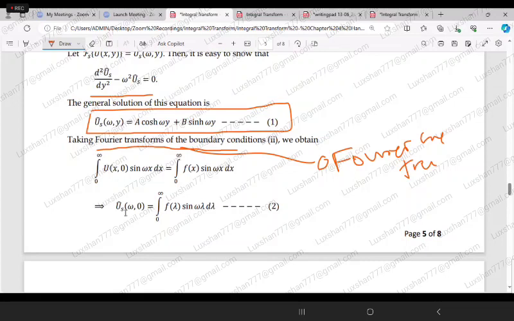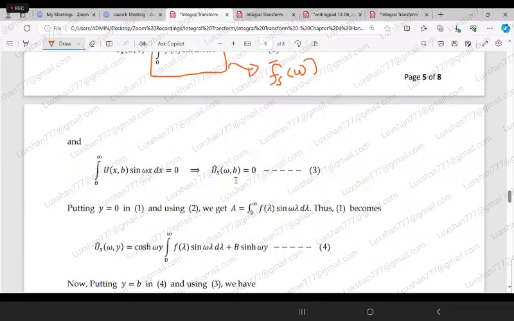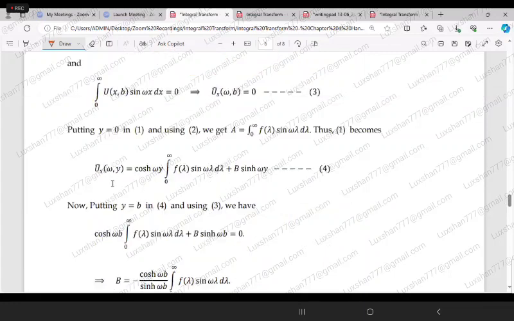Actually, that is not u bar s omega t, it is the Fourier sine transform of the function. So u bar s, and this one is 0. Then if you substitute it here, we get this one.